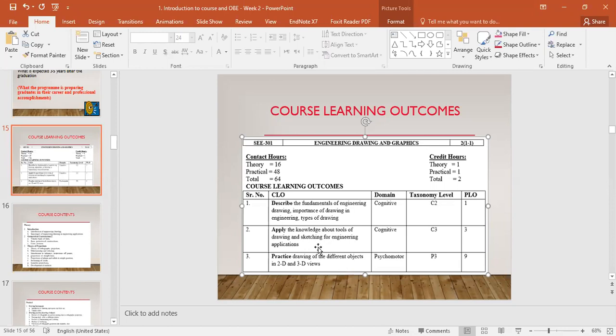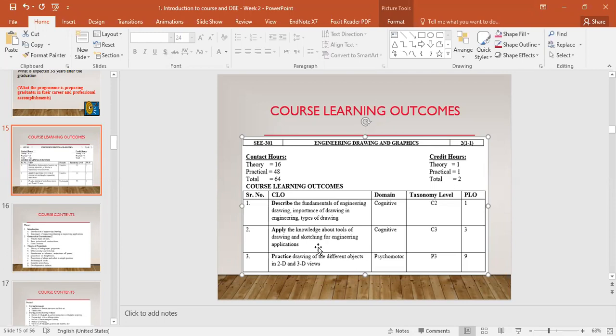That means that after you have passed this course, you can draw different engineering objects, and when you go to a job after graduation and you have a task to draw, you can say, a tractor, or a part of a tractor, or a part of any other agricultural machine, or a boiler, or a shaft.